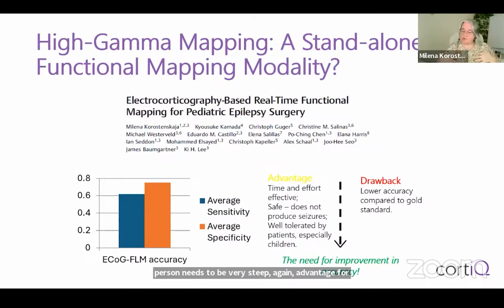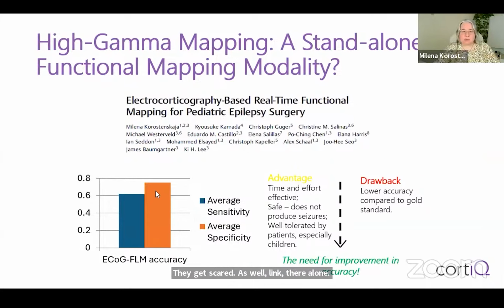They can be more relaxed and have some movement flexibility during real-time functional mapping or gamma mapping. It's also much better tolerated by children than cortical stimulation or lying still in fMRI, and they get scared lying there alone.